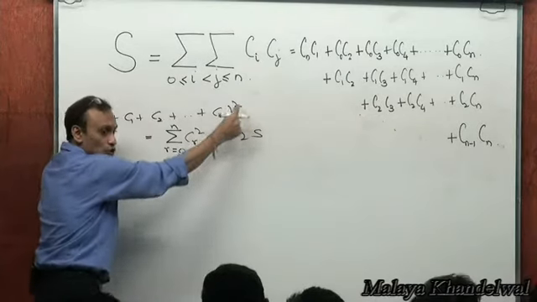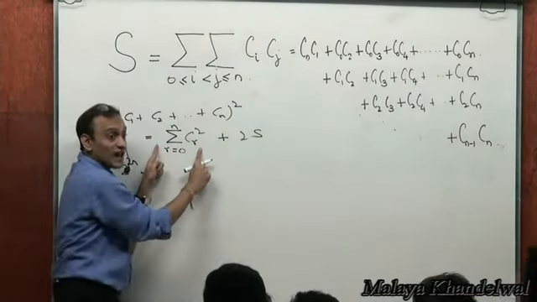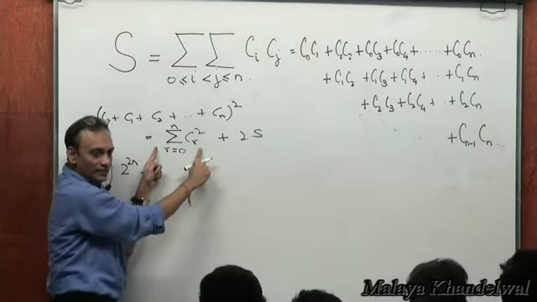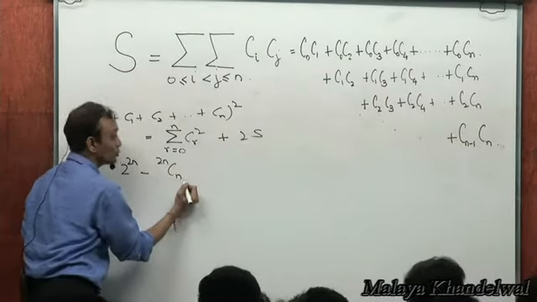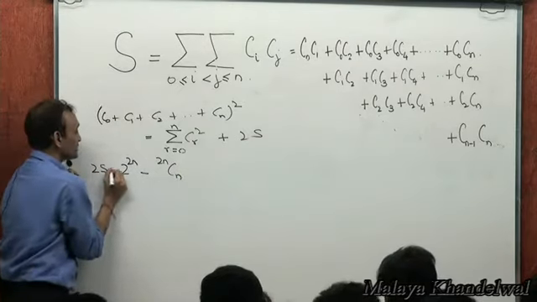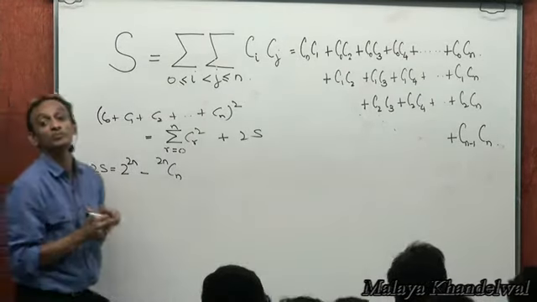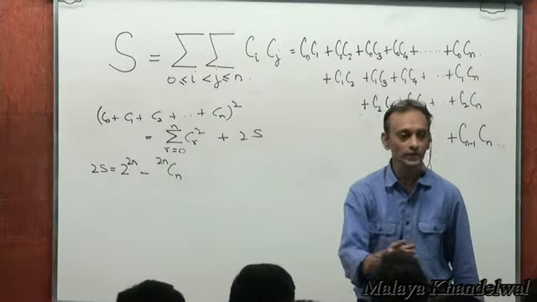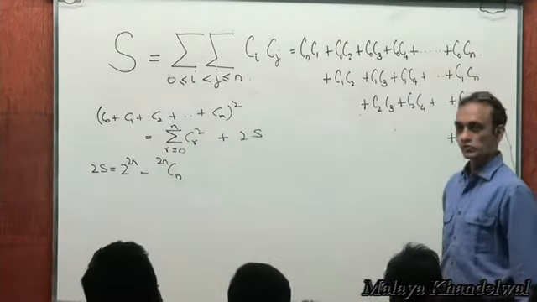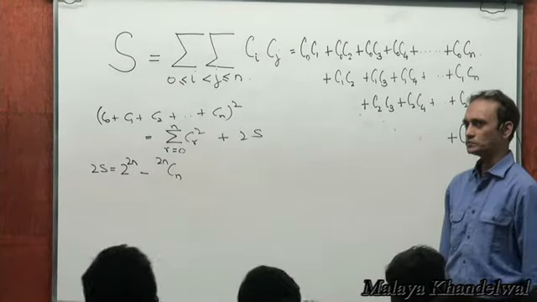So this will become 2 to the power 2n. Now this one we found out in the last class, this is 2n Cn. Remember that? So this is 2n Cn. I told you, you must remember this result, and that will be twice the required S. Divide by 2 will give you S, the sum of the product taken 2 at a time of these binomial coefficients. Is that okay or not okay? Confused? No, no?